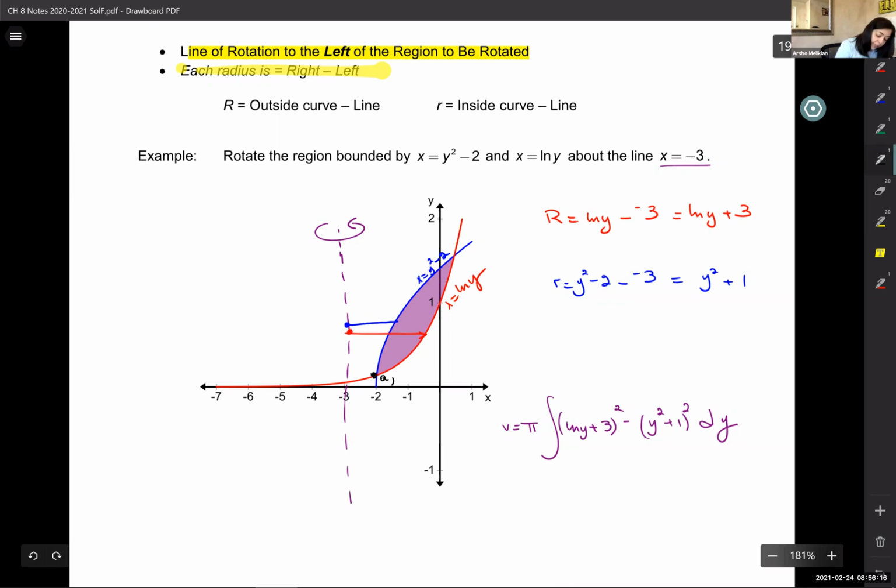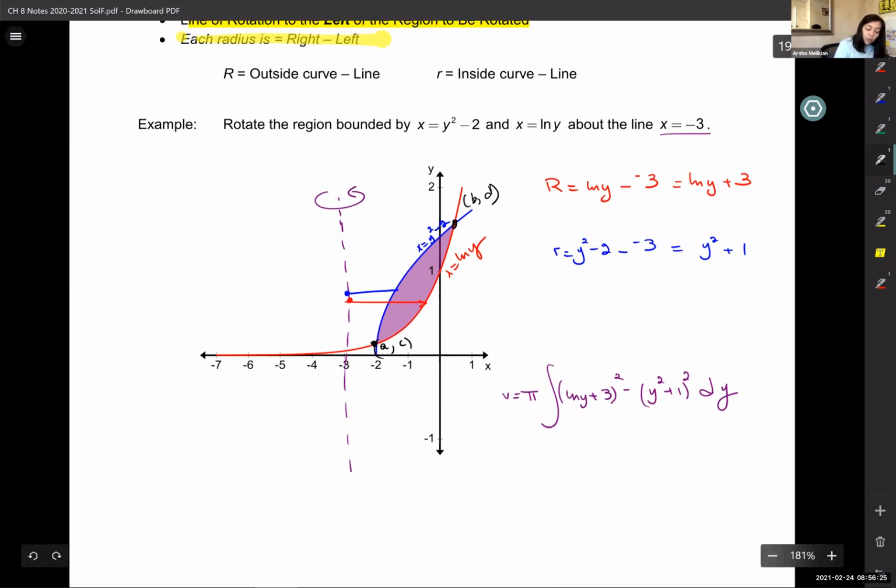If these points are AC and BD, and these are all y's, then this is going to go from C to D. So what happens here is I've got discs like this, and I'm integrating and finding the volumes of all of the discs.